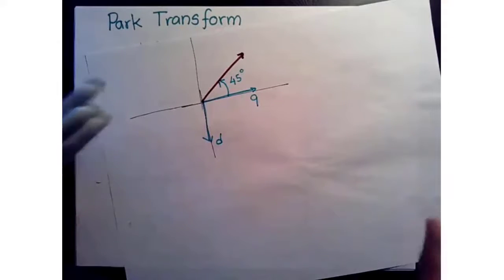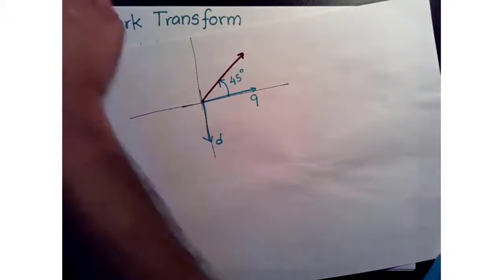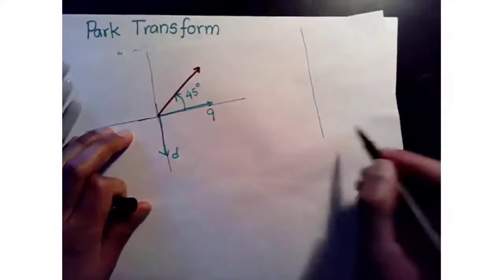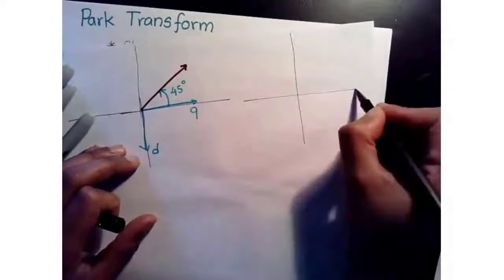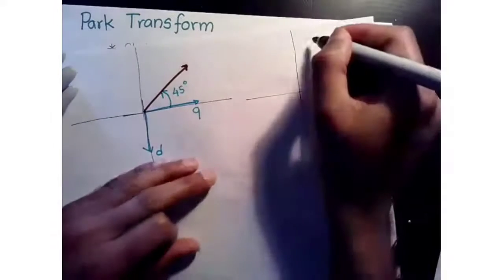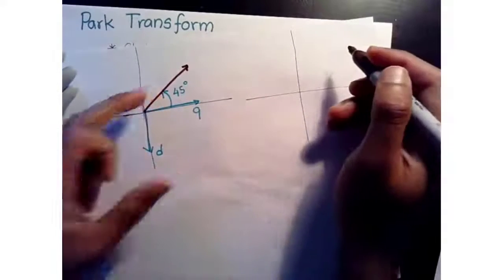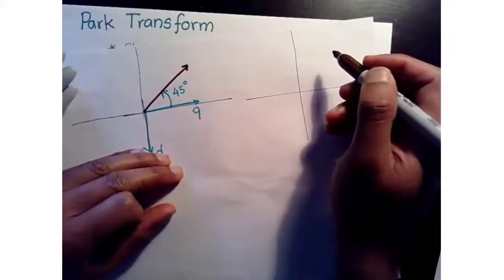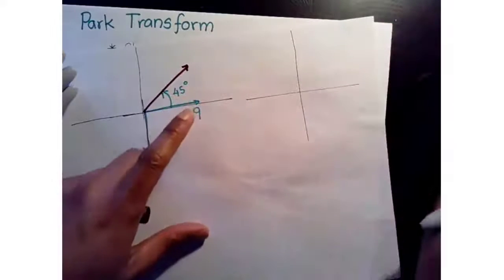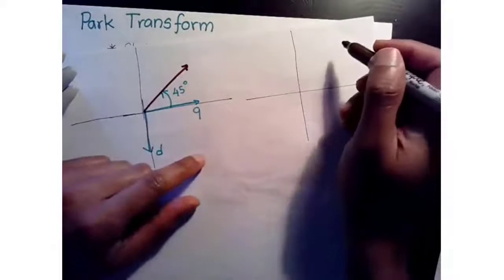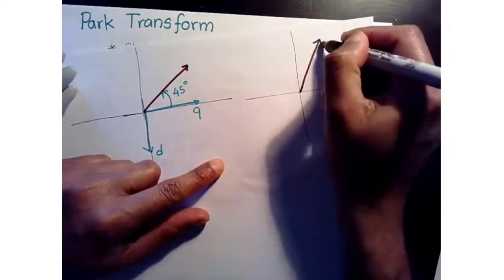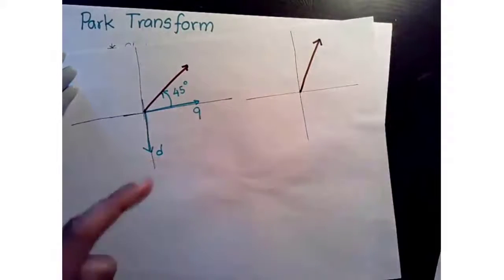In a certain period of time, the vector will rotate. Let's say the vector moved by 15 degrees. 45 plus 15, what do we get? 60, right? So it moved by 15 degrees.